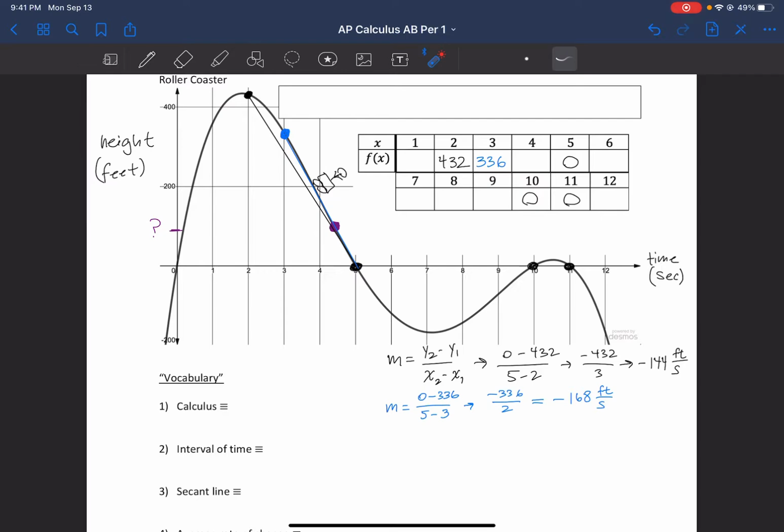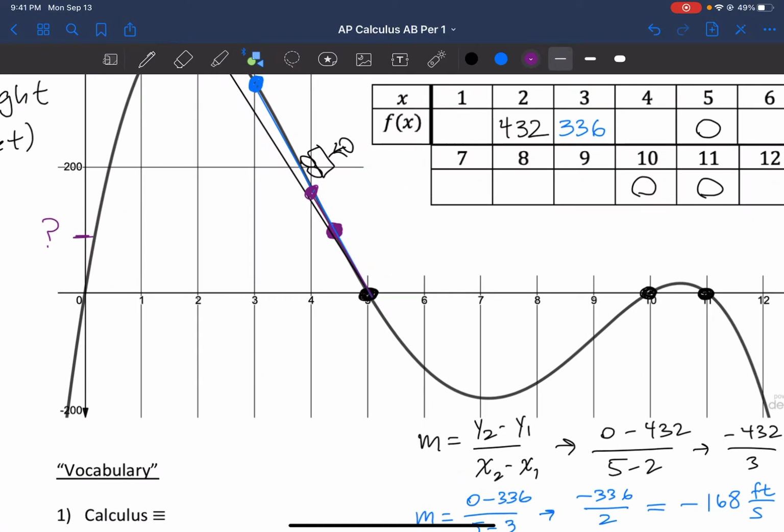Now I want to get closer to this here, so I have to get a closer slope. If I knew this elevation here, that new purple line between 4 seconds and 5 seconds is going to give me yet a better approximation of the slope, or better yet, the velocity, let's say at 4.4 seconds.